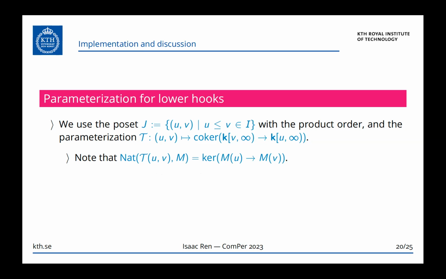So then, as I described before, we compute all of these kernels and create a persistence module or functor indexed by J. Then we compute the Koszul complexes with this poset J, and we get the Betti numbers, the Betti diagrams, and we bring this back and report it as the relative Betti diagrams of M, relative to lower hooks.